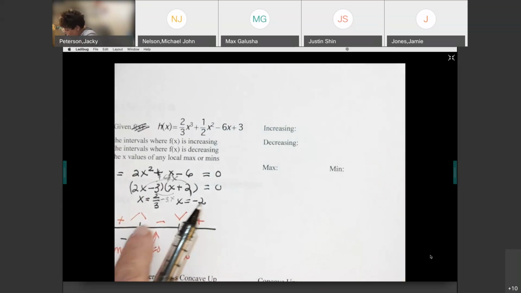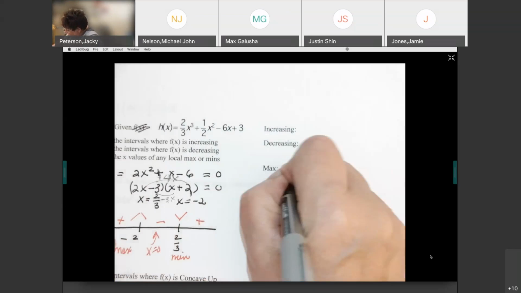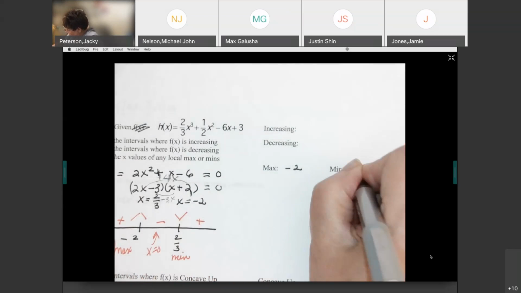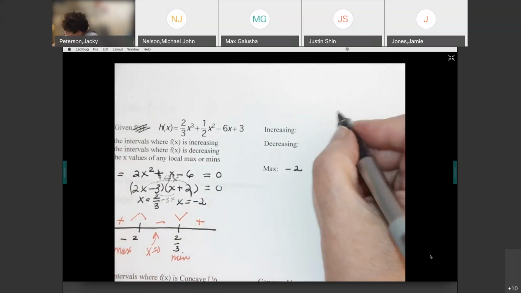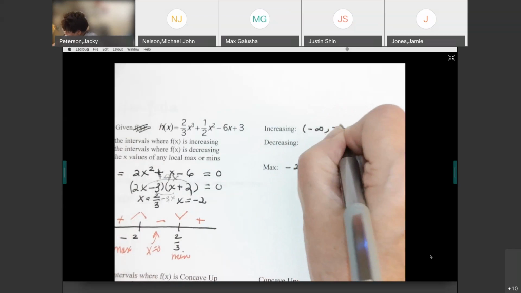So I know my maximum, that's my hill, is at -2. It just says find the x values. And my minimum, that's my valley, is at 2/3. Those are the x values. That's all you're asked for. And then it's increasing where I have pluses, from minus infinity to -2.